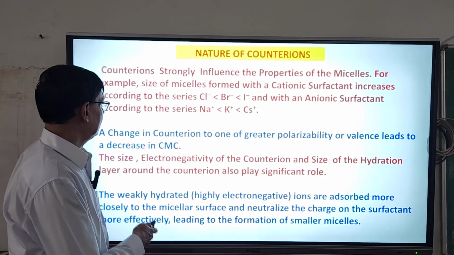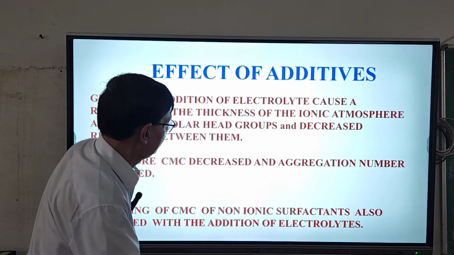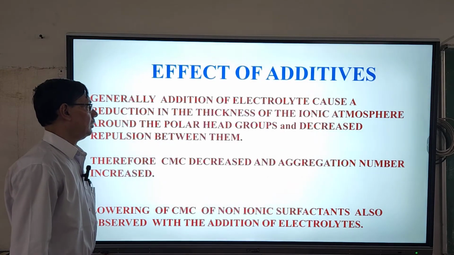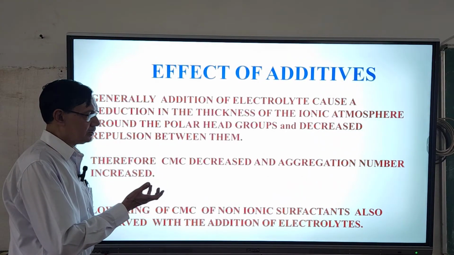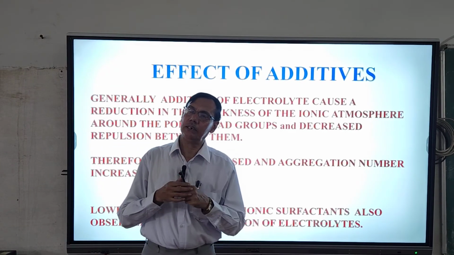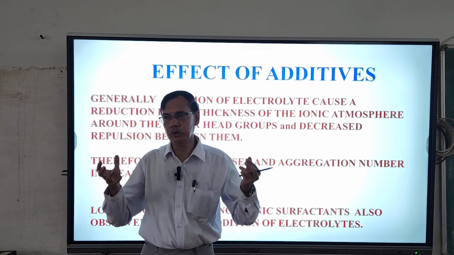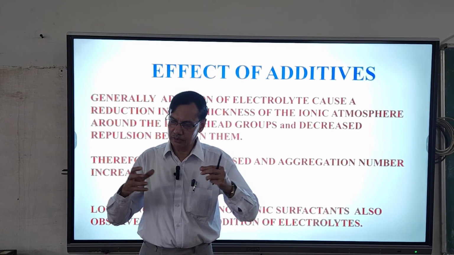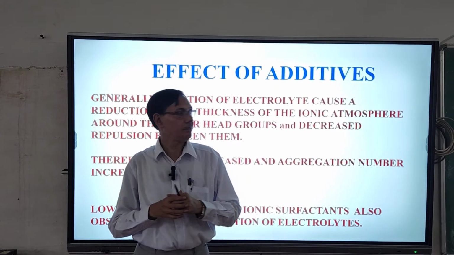Now, the last is the effect of additives. The effect of additives is very simple. As I told you, micelle formation is driven by two effects: the hydrophilic effect and the hydrophobic effect.